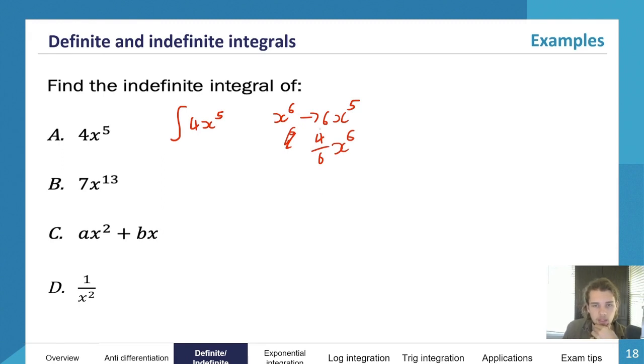And the reason is because if we derive this, we will see there is a 6 multiplied by our 4 over 6 multiplied by x to the power of 5, which equals our 4x to the power of 5.